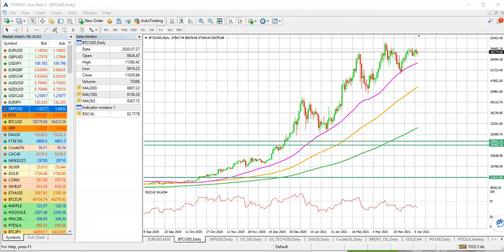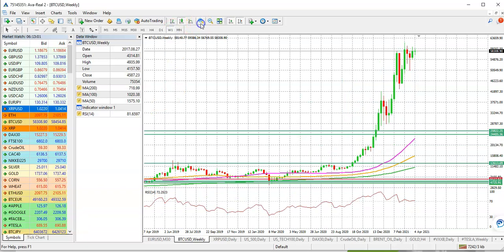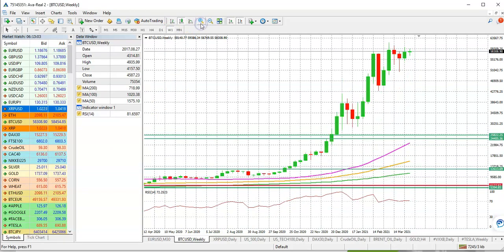Now, if we change the time frame and go on to our weekly time frame, we do see a bit more positive price action forming over here, because we have a low, a higher low, and after that another higher low forming over here.